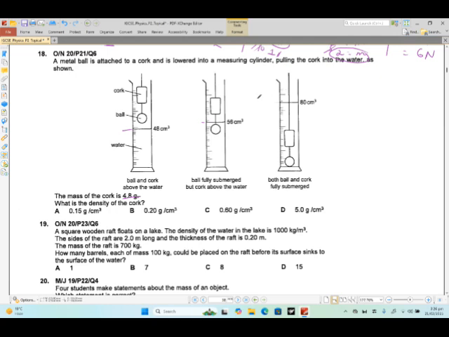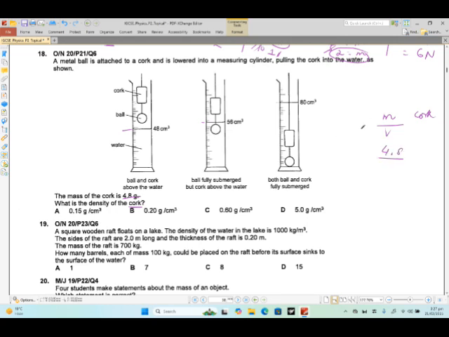So the value in this one shows the volume of water and the ball, and this is the volume of water, ball and cork, and we are finding the density of the cork, so we would need mass and volume of the cork. ठीक है? तो mass has already been given to us, which is 4.8.